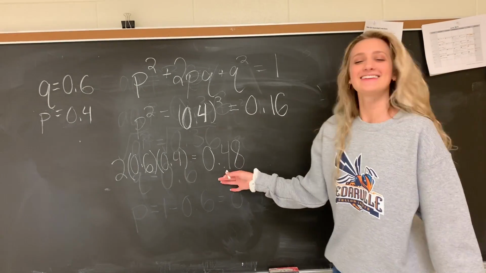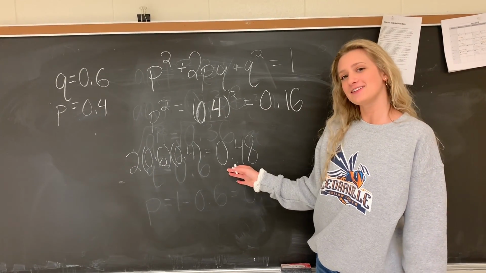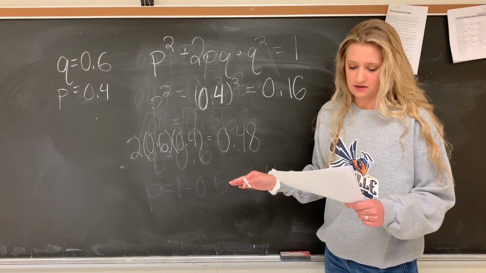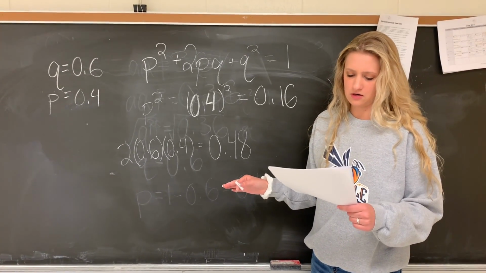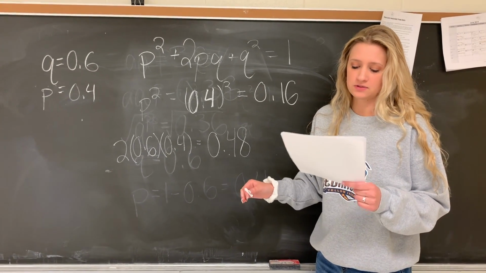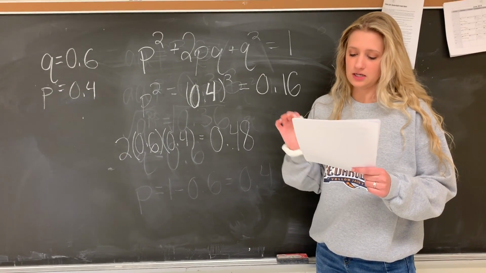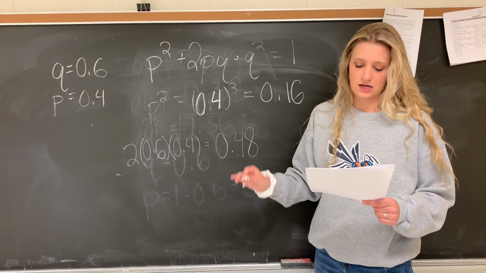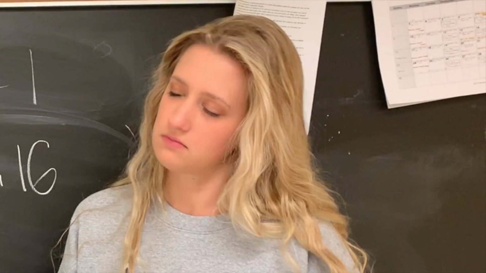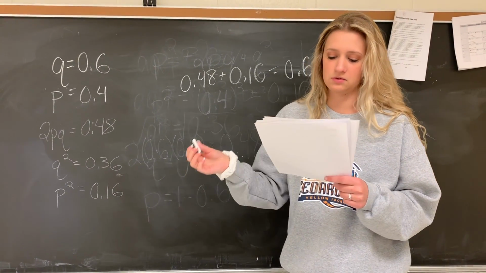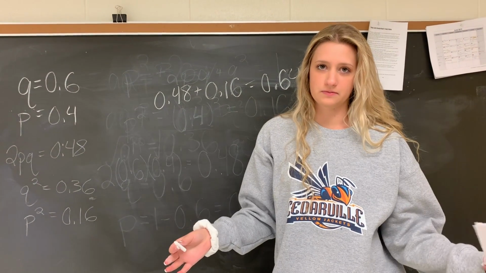So, this is the heterozygous genotype frequency. And then, this last one says, the frequencies of the two possible phenotypes if big A is completely dominant over little a. What are the two possible phenotypes?